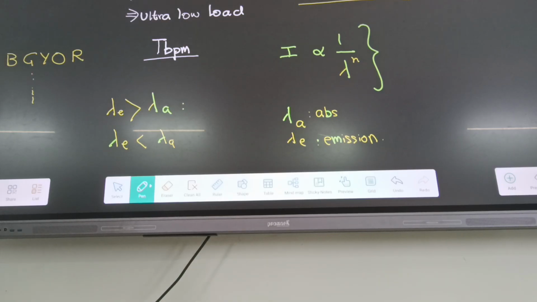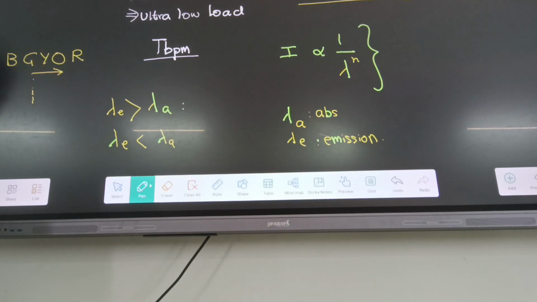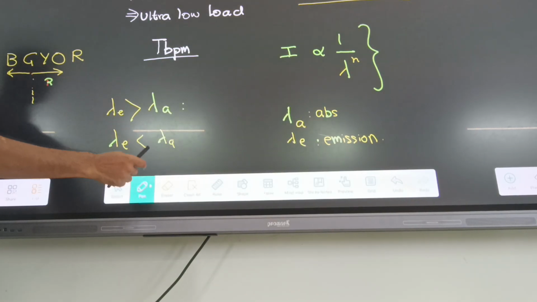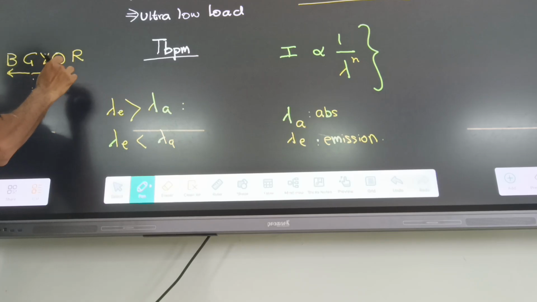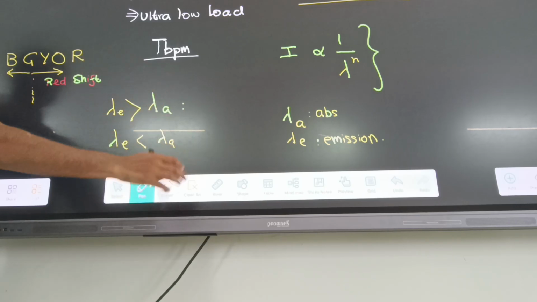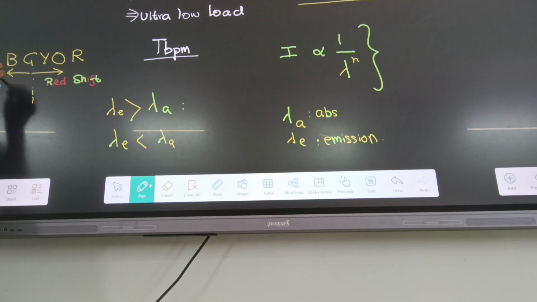So if there is an increase in wavelength, it is moving towards red light, and if there is a decrease in wavelength, it is moving towards green light. The increase in wavelength is called a redshift, whereas a decrease in wavelength is called a blue shift.